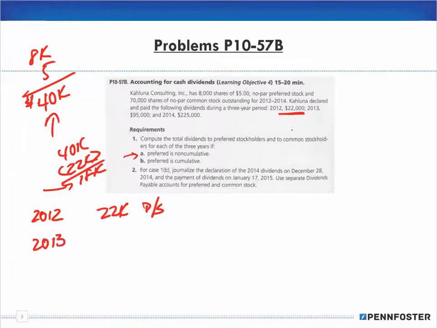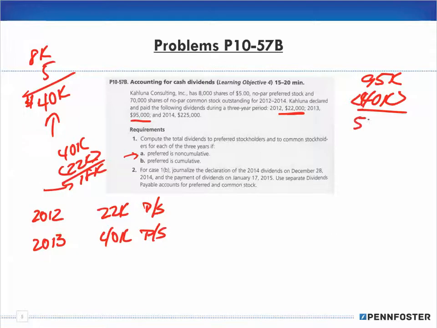For 2013, there's a $95,000 dividend. Since there's 95,000 available, the first 40,000 of it goes to preferred. So preferred would get the 40,000, and the difference of 55,000 would go to common stock. But there's nothing carried over because this is non-cumulative.